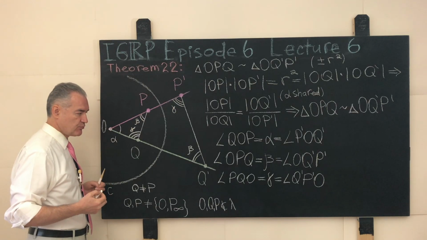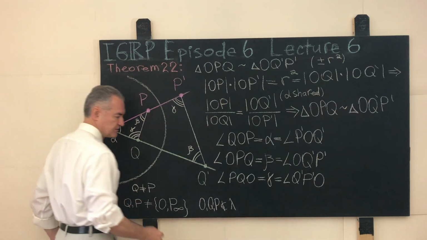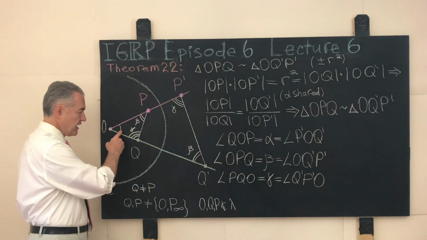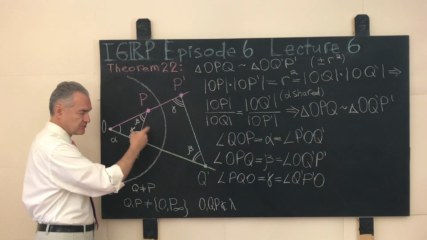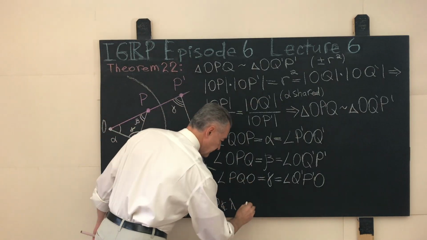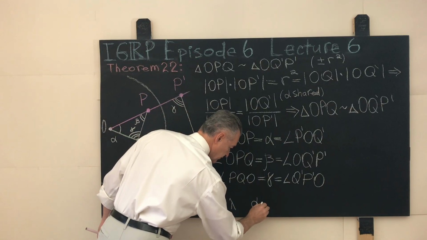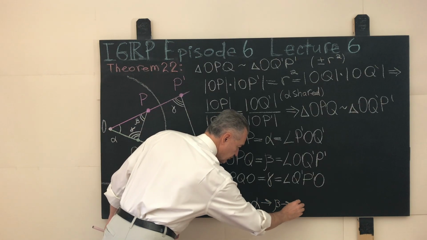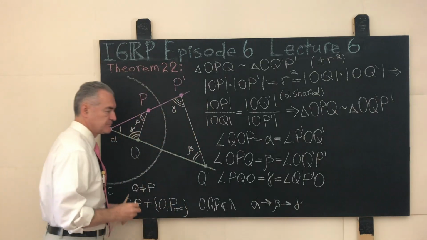And for demonstration purposes, our arbitrary choice is the following. We want to visit the angles in all of these triangles in the following order. First, let's say we start with alpha, then we move to beta, and then we move to the angle gamma.